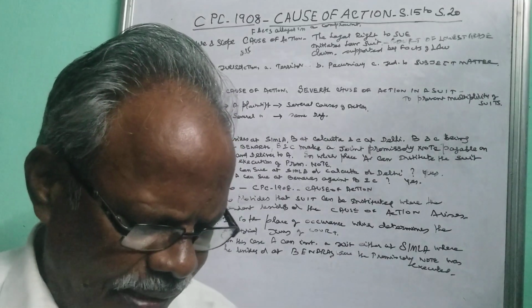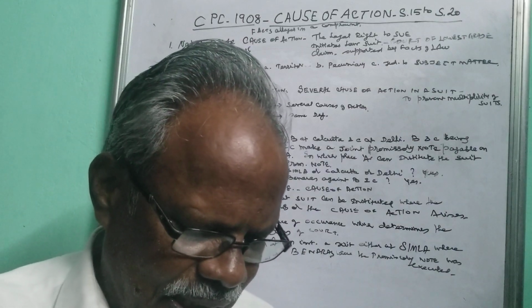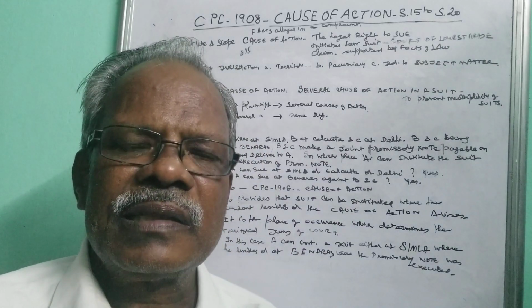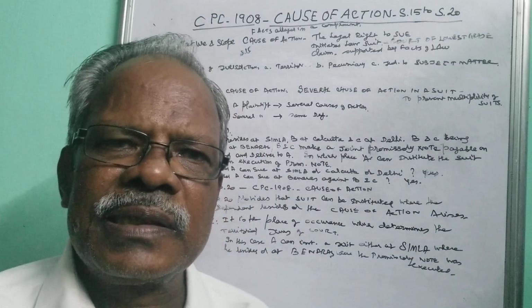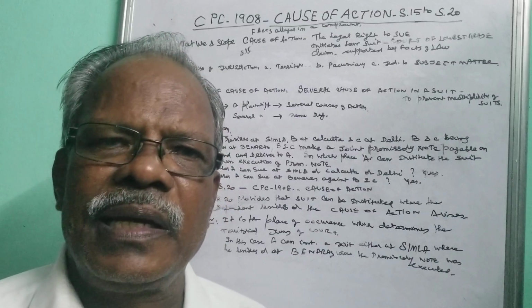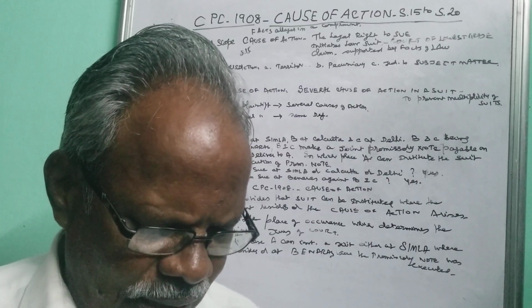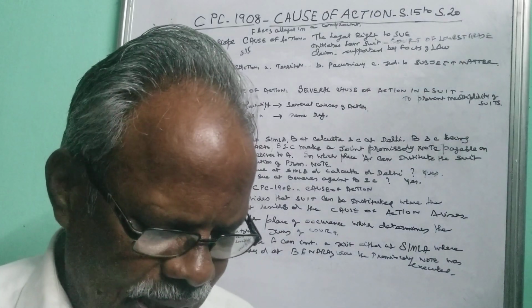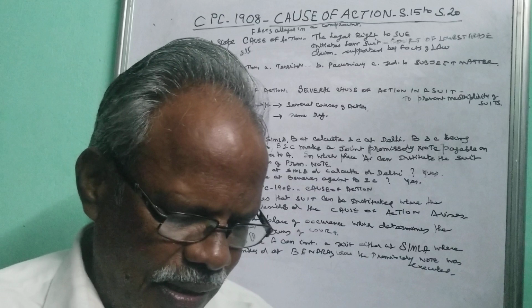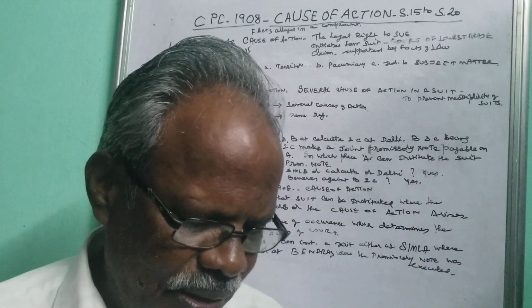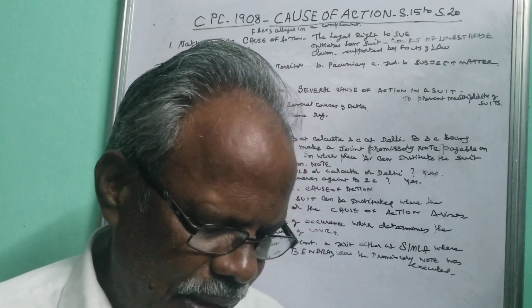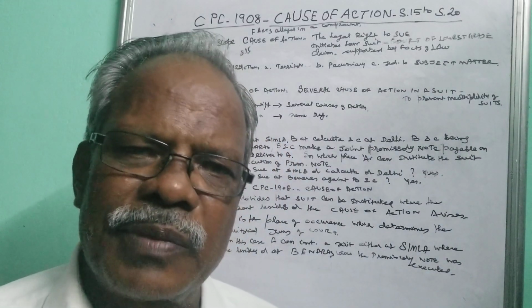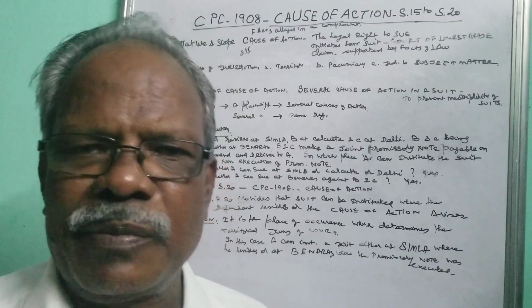Then section 18, local limits uncertain. Suppose the local limits are uncertain and they could not find out the jurisdiction, then the reason can be recorded in a statement to that effect, and then the case may be initiated. Then section 19: the person may reside in one place, and in another place he may be taking some personal gain or doing something.